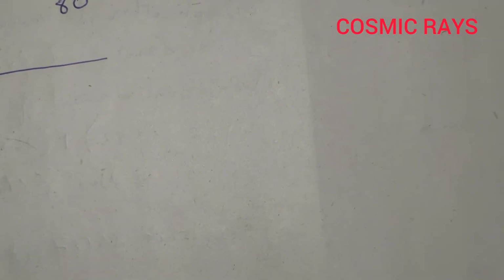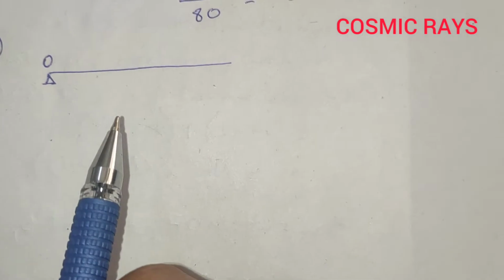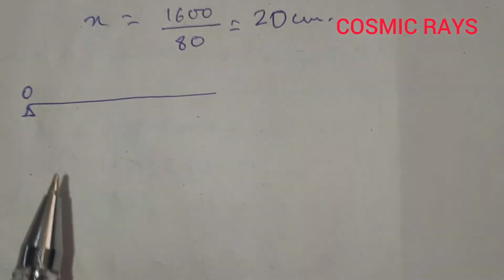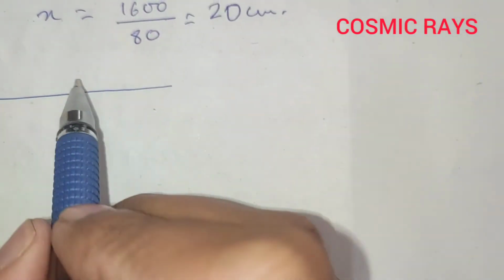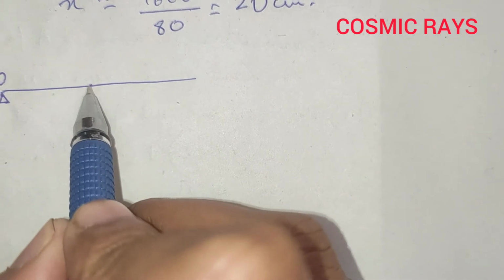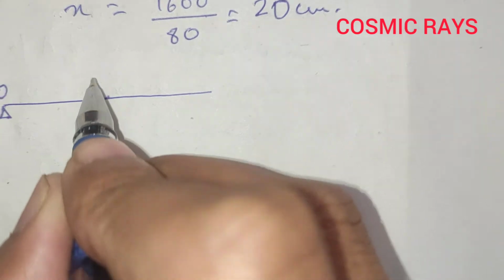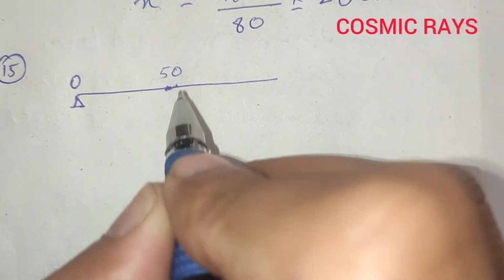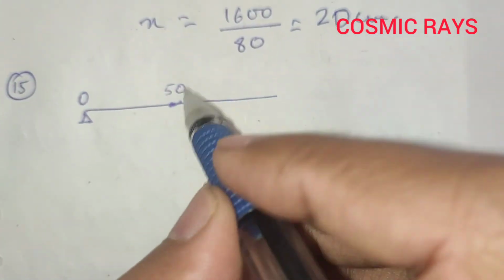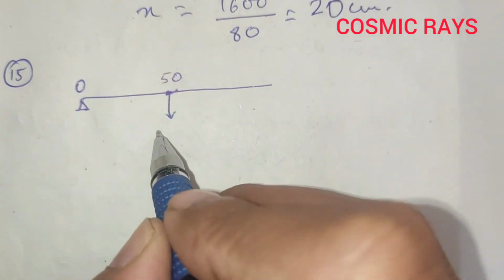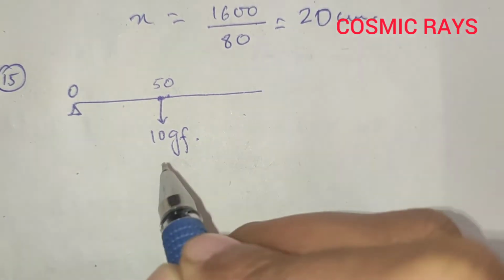Now here this is pivoted at its 0 mark. Now to balance it, the balancing has to be done at the center. So here at this point, that is at 50 centimeter, we place the weight of 10 GF.